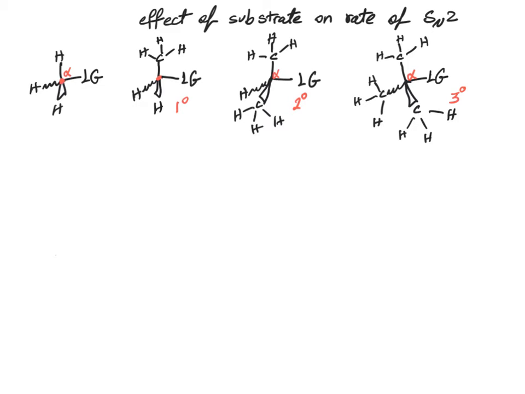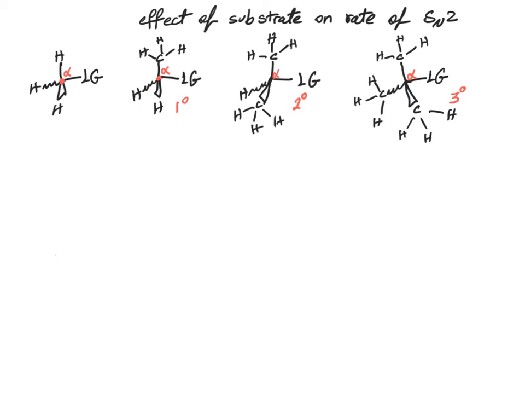Alpha carbon is bonded to 3 small hydrogens. In primary substrates, the alpha carbon is bonded to 1 alkyl group, 1 bulky group, for example, a CH3, and it has 2 hydrogens. So it is still easy for the nucleophile to reach the alpha carbon of primary substrates.